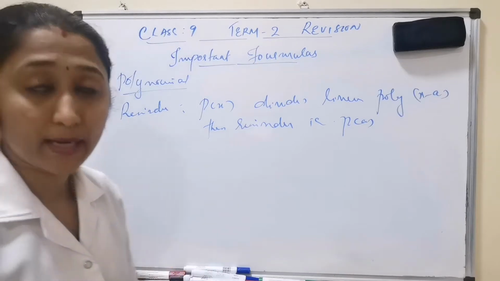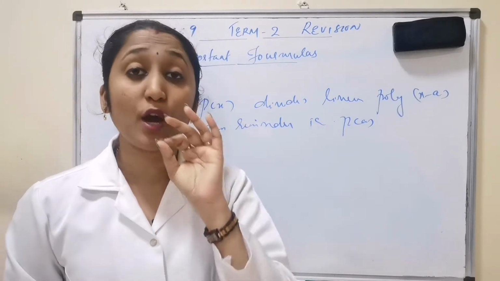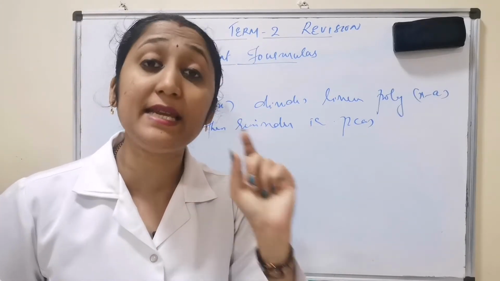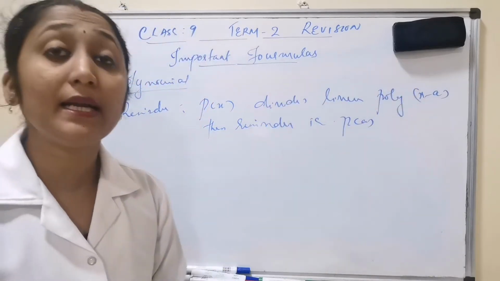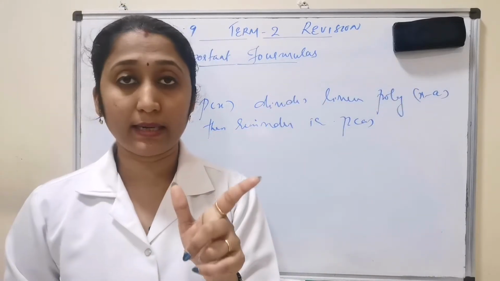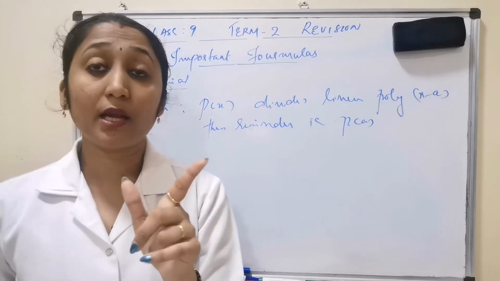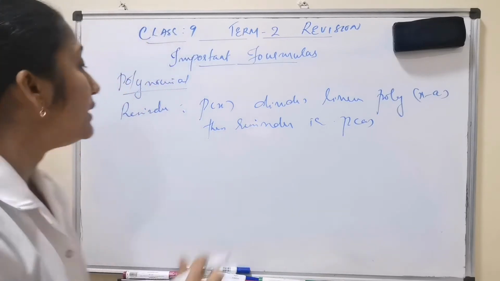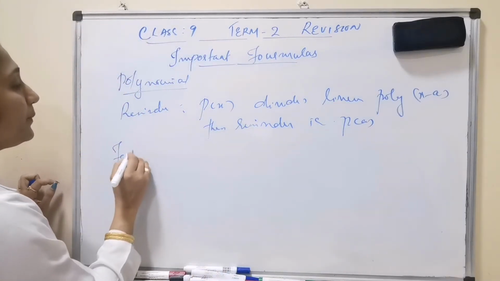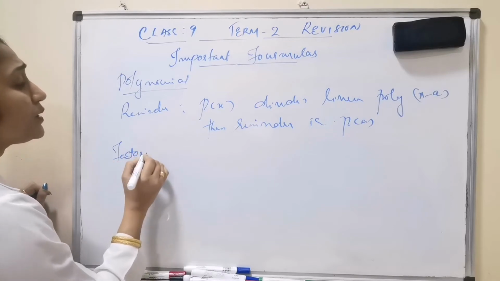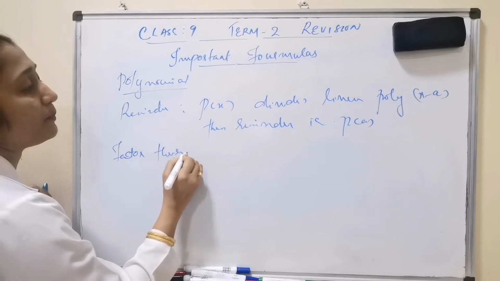That is the remainder theorem. We already discussed its applications. Then the second is the factor theorem. These are the two theorems in polynomial.